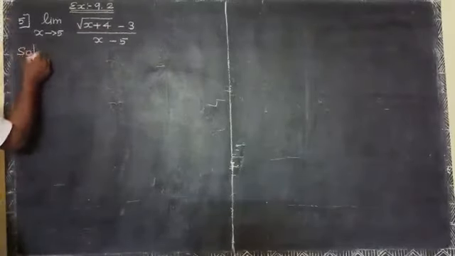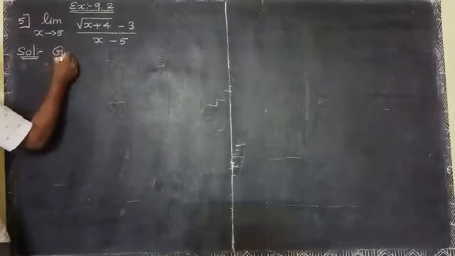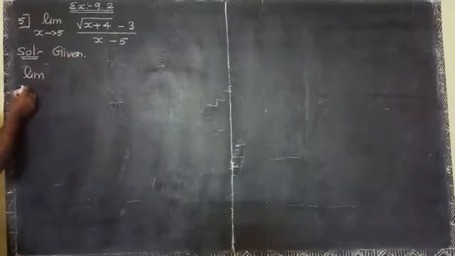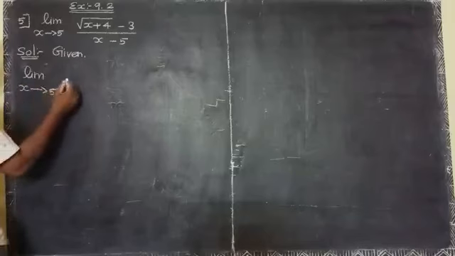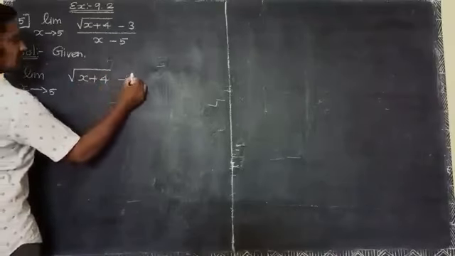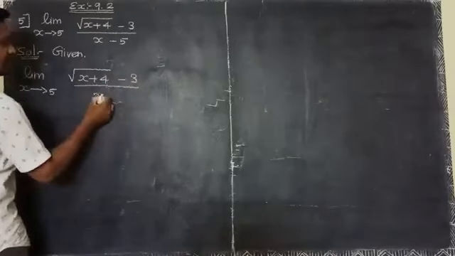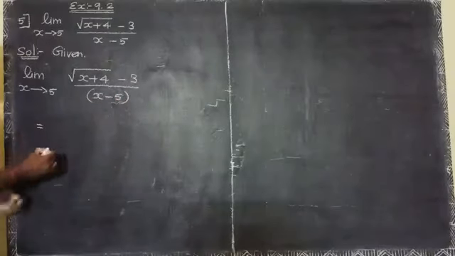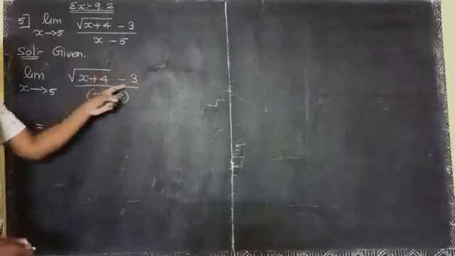Solution. Given limit x approaches 5, the function square root of x plus 4 minus 3 divided by the factor x minus 5, which is equal to taking the conjugate of the numerator.